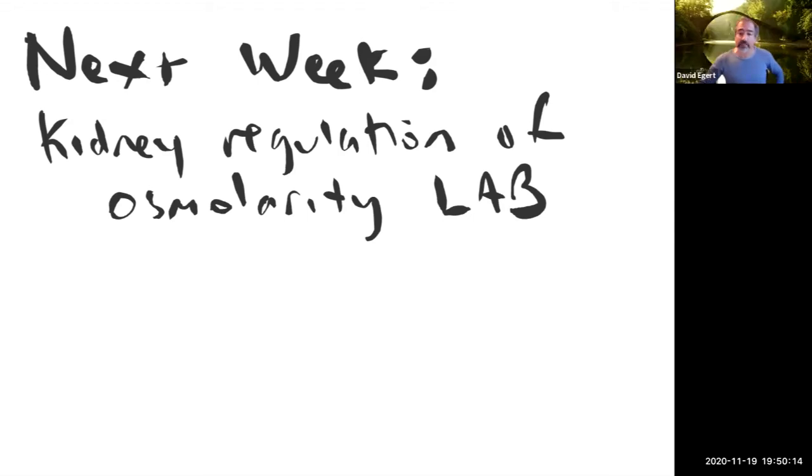So this is the lab that's happening next week. The basic idea is we are going to vary a variety of things. So we have our independent variables and we're going to have our dependent variables.